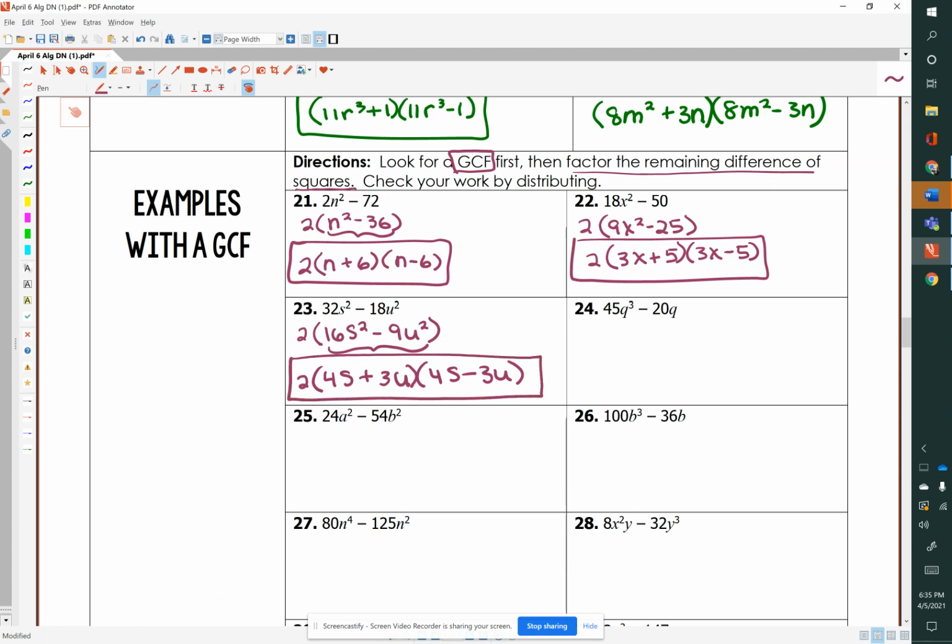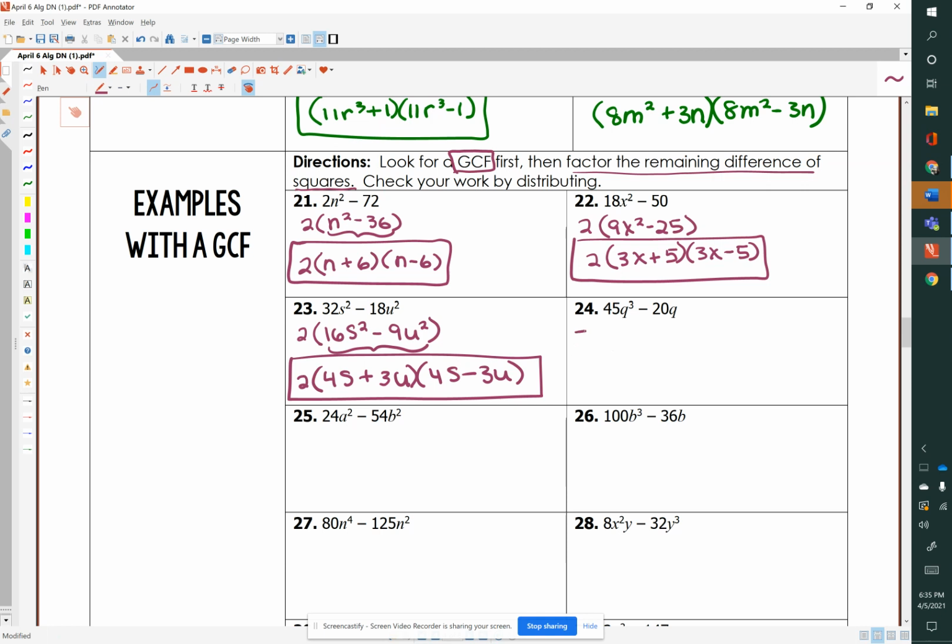And number 24, we're going to factor out a 5. When we factor out a 5, 45 divided by 5 is 9. Then we have that q cubed minus 20 divided by 5 is 4. In fact, we need to factor out the q, so let's do that. I almost missed that.